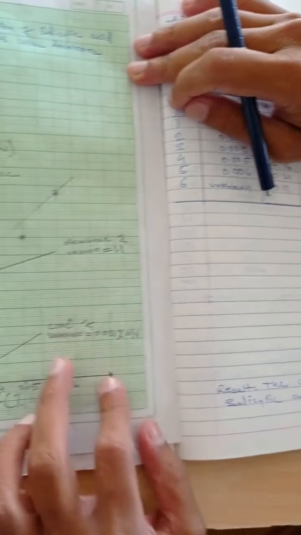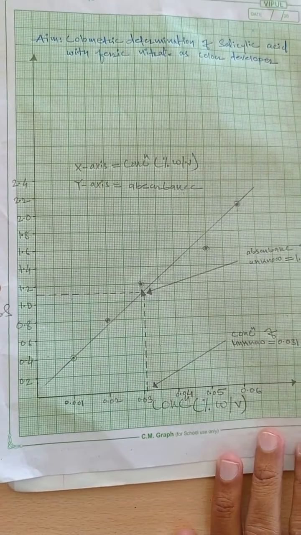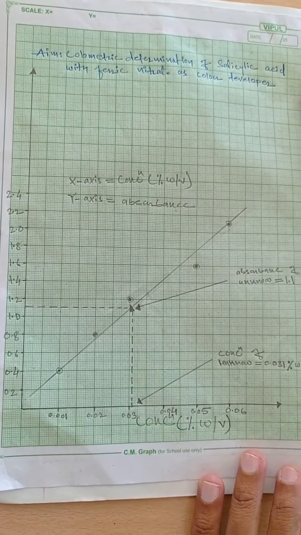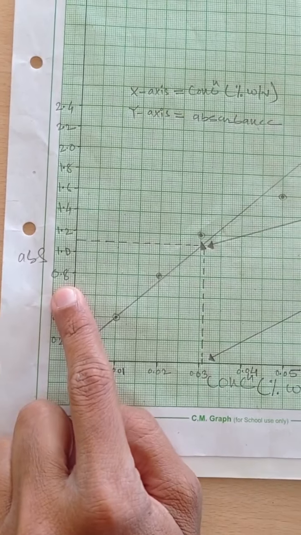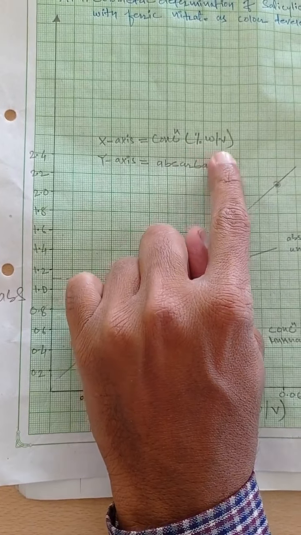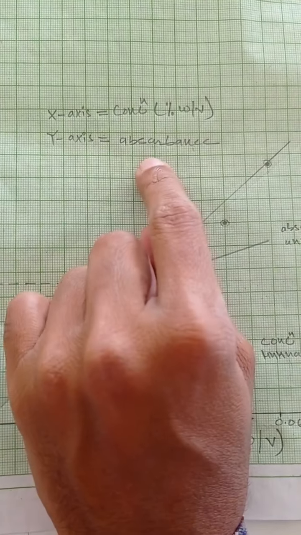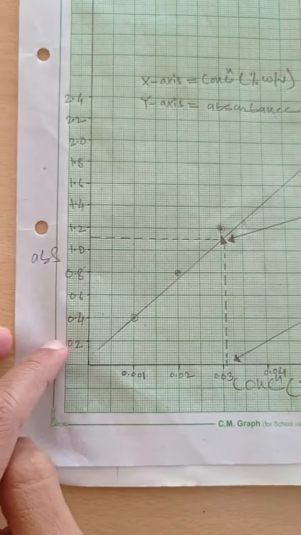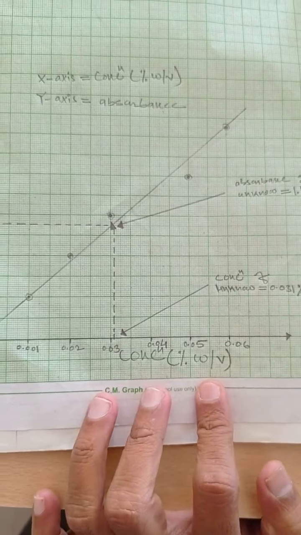This is a graph. The graph is plotted as per the standard curve, that is concentration against absorbance. The x-axis contains concentration, in units of percent weight by volume of solution, and the y-axis contains absorbance.